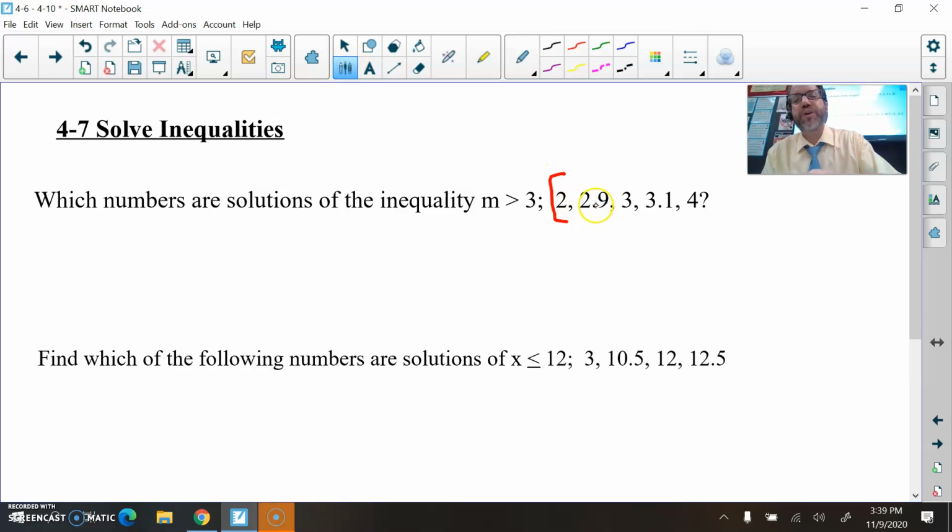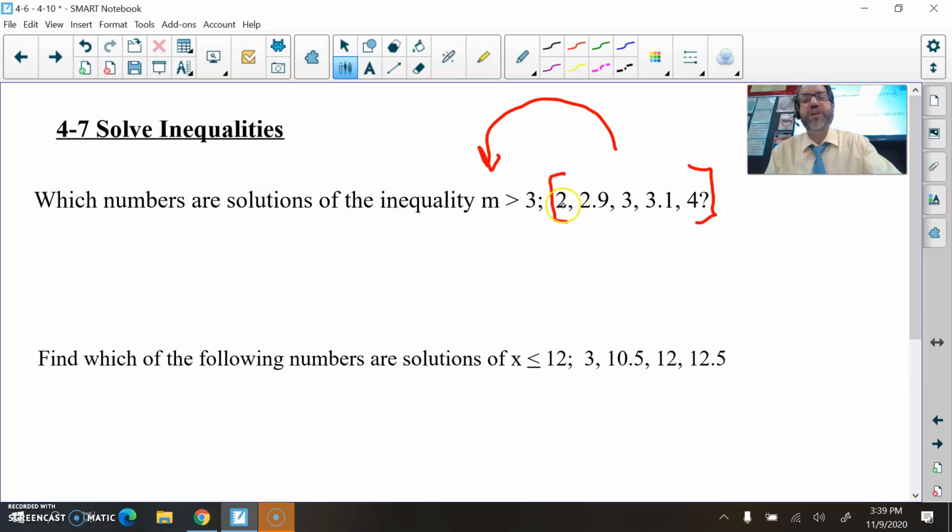We have 2, we have 2.9, we have 3, we have 3.1, we have 4. Now I'm betting you can look at this pretty quickly and tell me which of these numbers would be solutions to this inequality. Which of these could I substitute in place of the m and make a true statement?